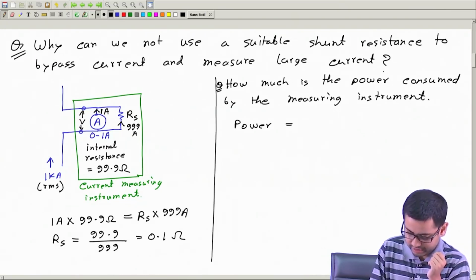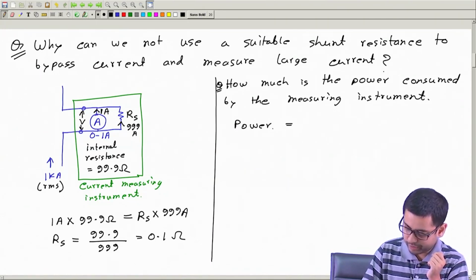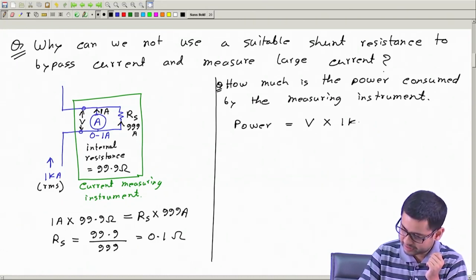By default, in case of AC, this is RMS. This is resistive, and this is also resistive, so power factor is 1. So we can write the power to be equal to V multiplied by 1 kiloampere current.